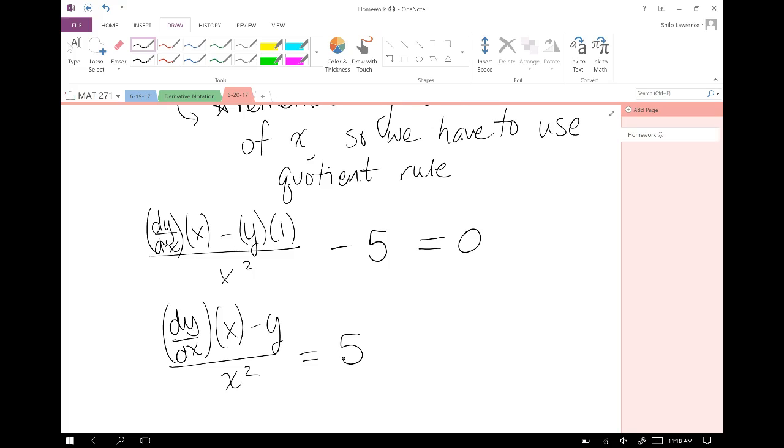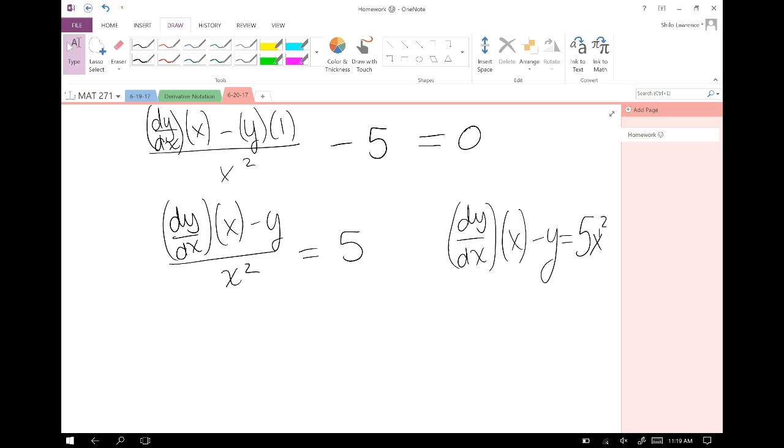What should we do next? Multiply the x squared over. We're trying to solve for dy dx. We'll add the y over.